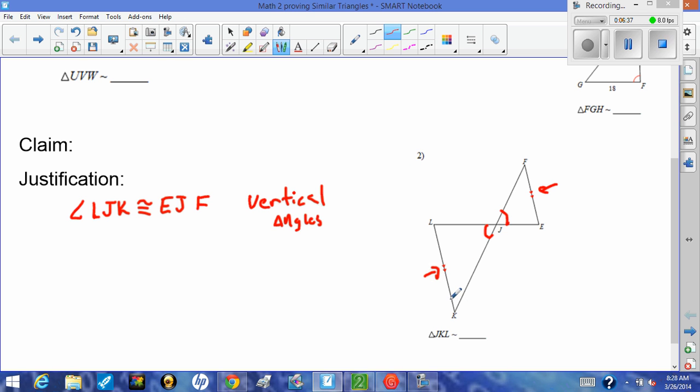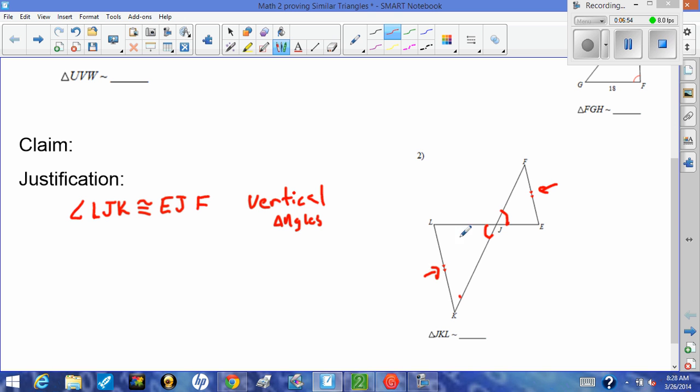Now we need to prove either this angle or this angle is congruent with its corresponding angle. Now yesterday we learned about congruent angles and corresponding angles using two parallel lines and a transversal. But what I have here are two parallel lines cut by a transversal.